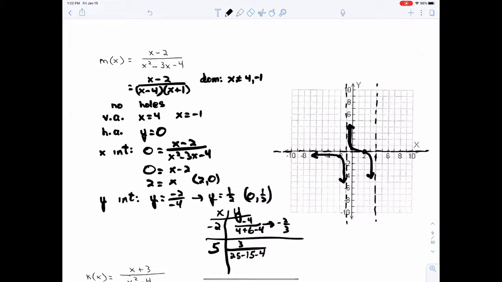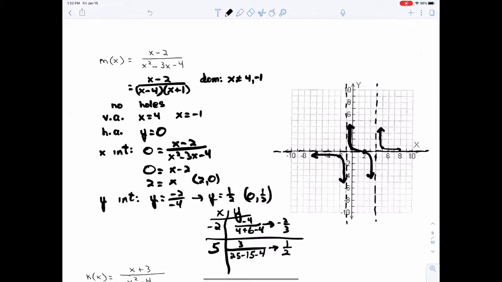Okay, so that's, sorry, 3 over 6, which will be 1/2. So we have 5, 1/2. And what's going to happen there? This will go towards the asymptote, and going this way, it'll go towards the asymptote.